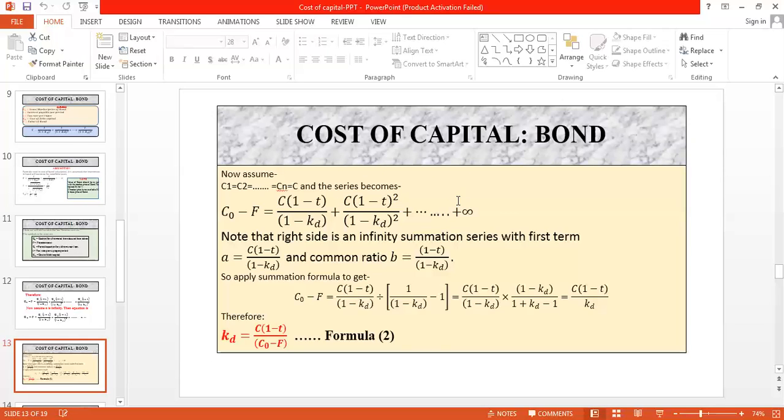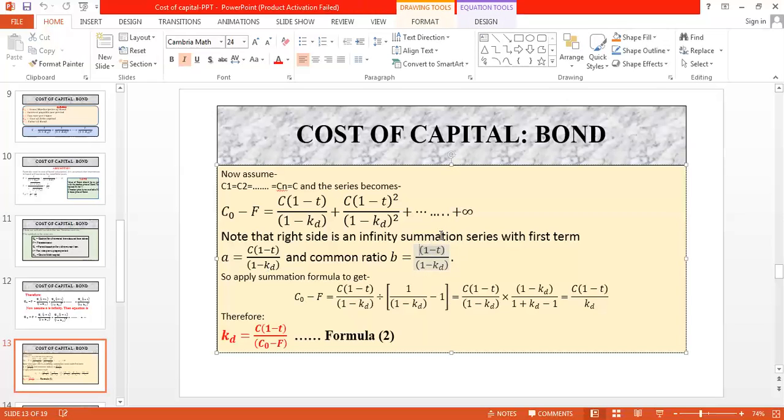Again note, the right hand side is nothing but an infinite GP series. So the summation of the infinite GP series should be equal to C0 minus F. Now, what is the first term of the infinite series? First term A is C into 1 minus T divided by 1 plus Kd. And the common ratio B is 1 by 1 plus Kd. In fact, there is a mistake in the value that we have shown here.